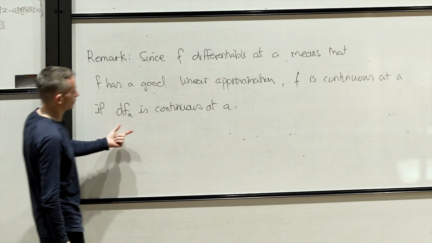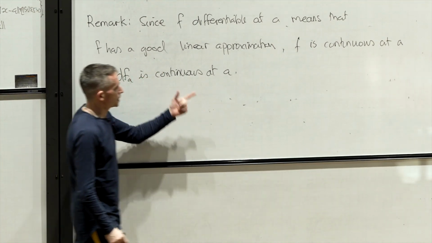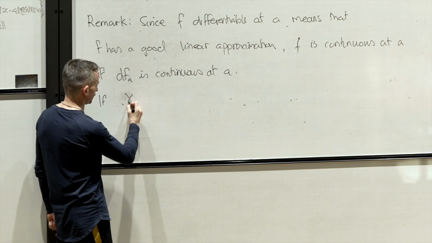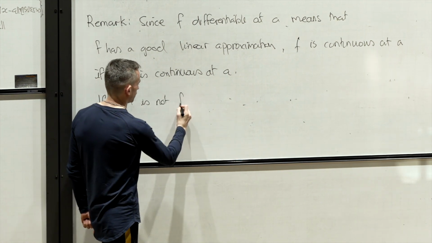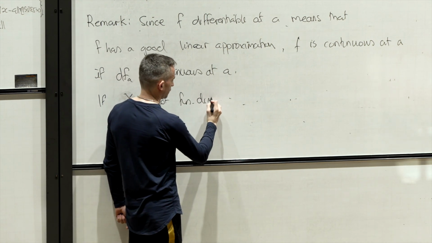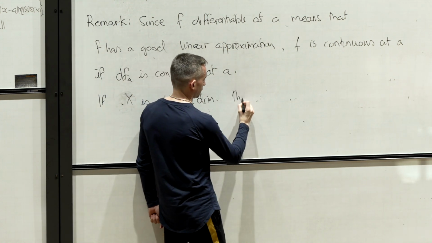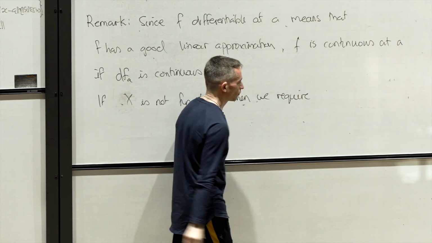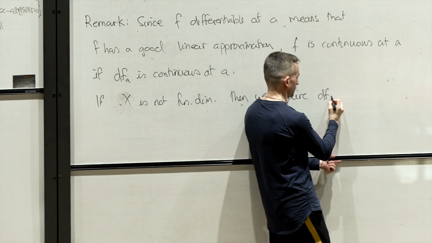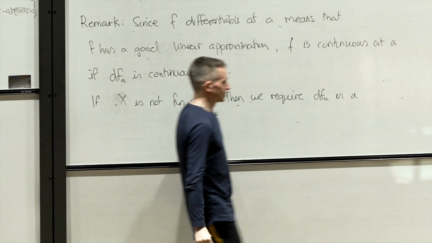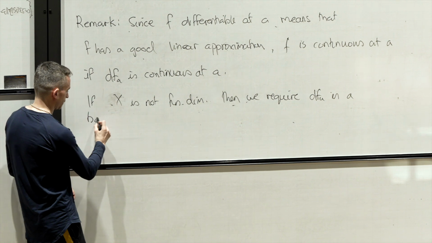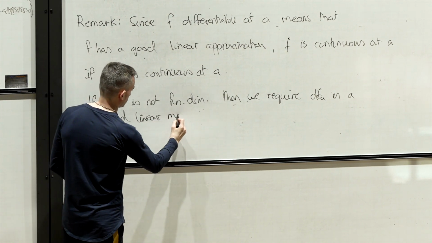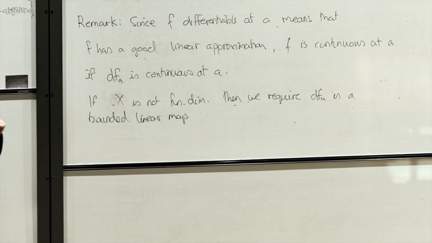So that's kind of the crucial point here. So if X is not finite dimensional, then we require that the derivative is not just a linear map, it's a bounded linear map, i.e. a continuous one.